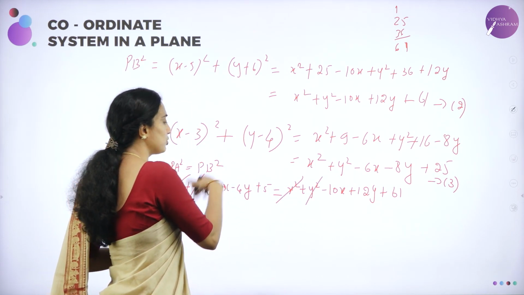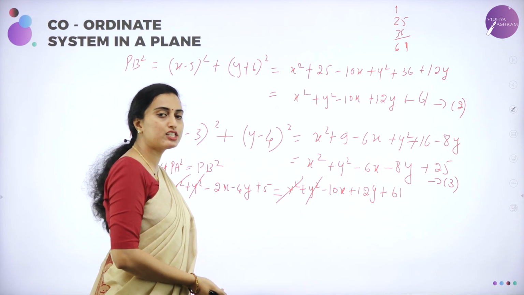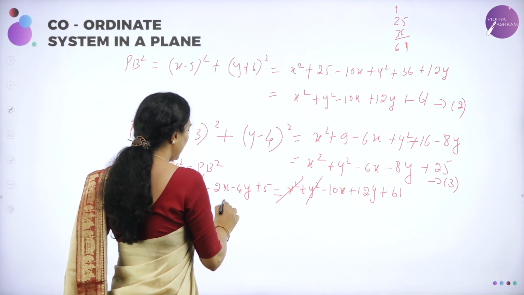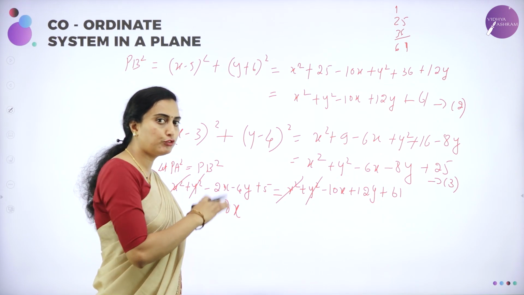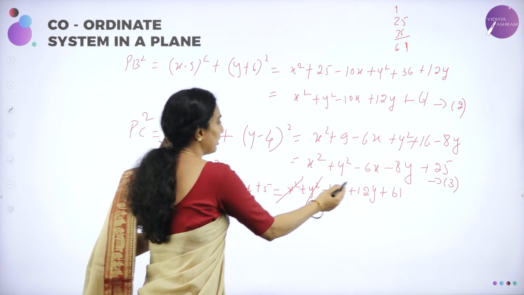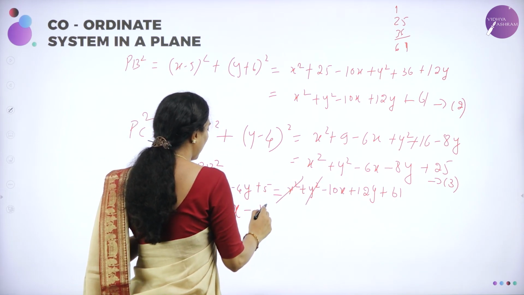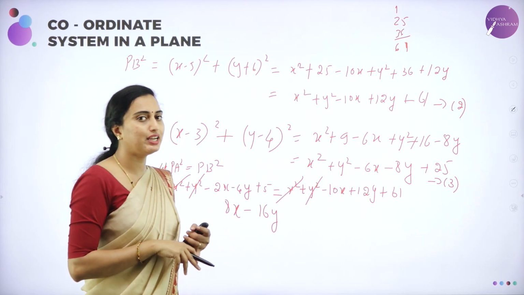Take all the terms to this side. Minus 2x plus 10x is plus 8x. Again, minus 4y minus 12y, when it comes to this side, is minus 16y. Plus 5 is there, 61 you take to this side.